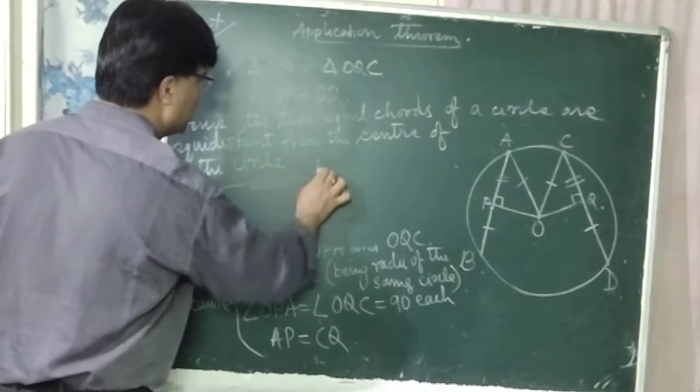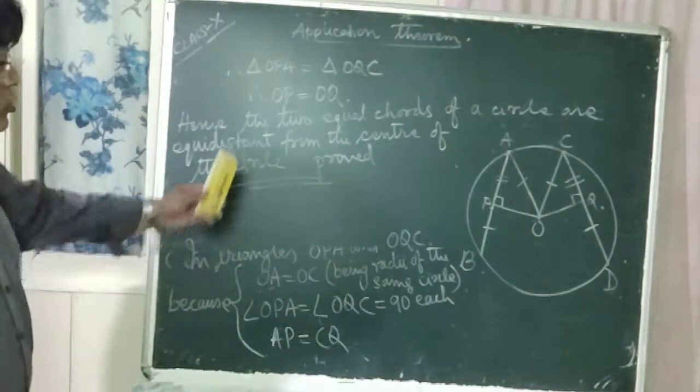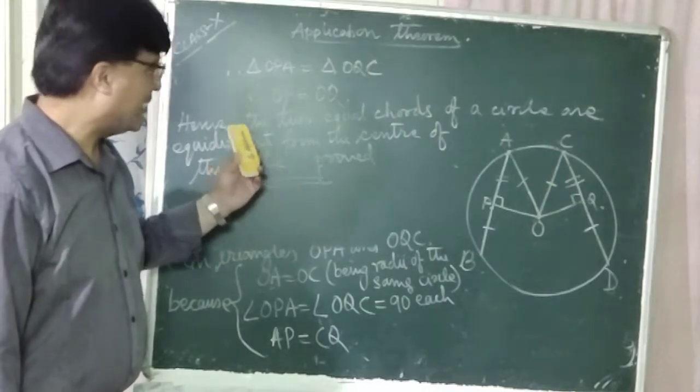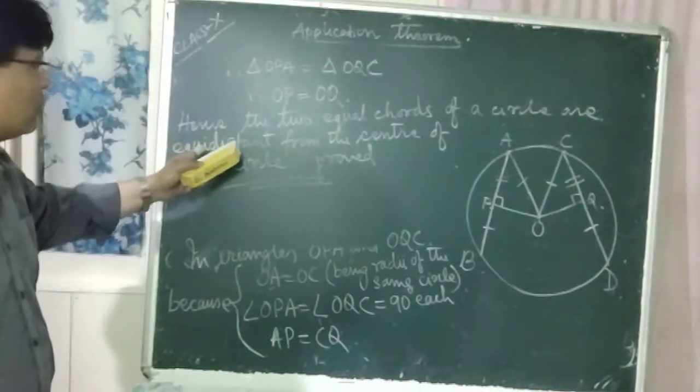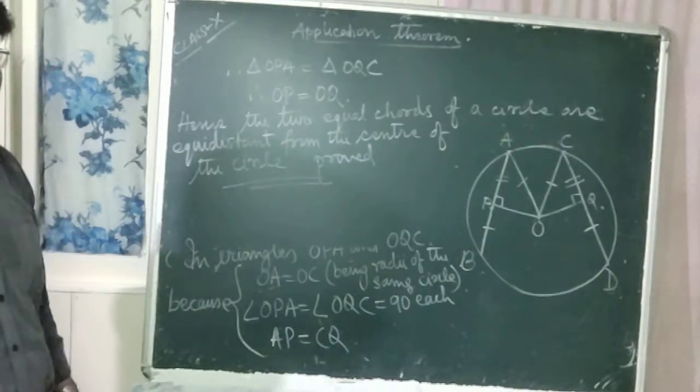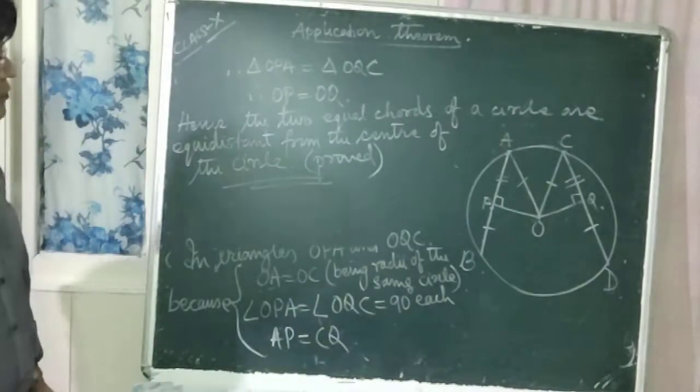Good. That is, OP is equal to OQ means, hence the two equal chords of a circle are equidistant from the center of the circle. That is proved. Is that clear to all of you?